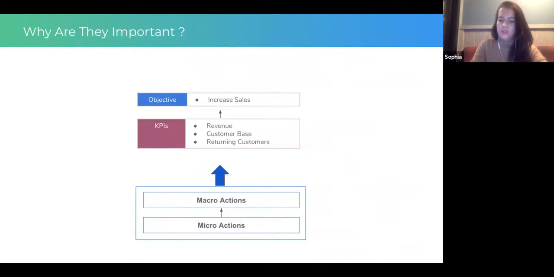So the micro actions, or the engagement metrics, are going to affect the macro actions and macro goals, and then in turn impact the KPIs and the objectives of the business. As you see, everything starts with the micro actions that are happening on the website, and they tell you if the users are engaged or not. So this is where everything starts.